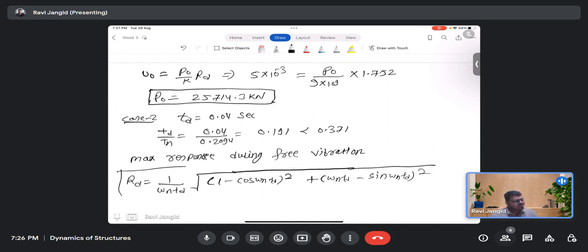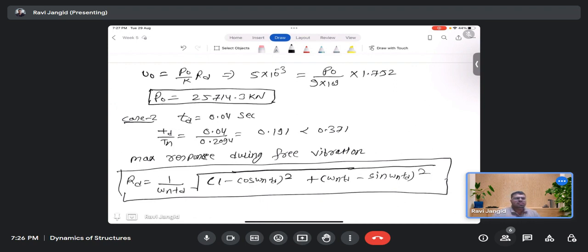Can you give me the RD by using this formulation? You have omega n as 30 radian per second. You have TD as 0.04 second. Then you can get it directly. So please try to give me the answer.